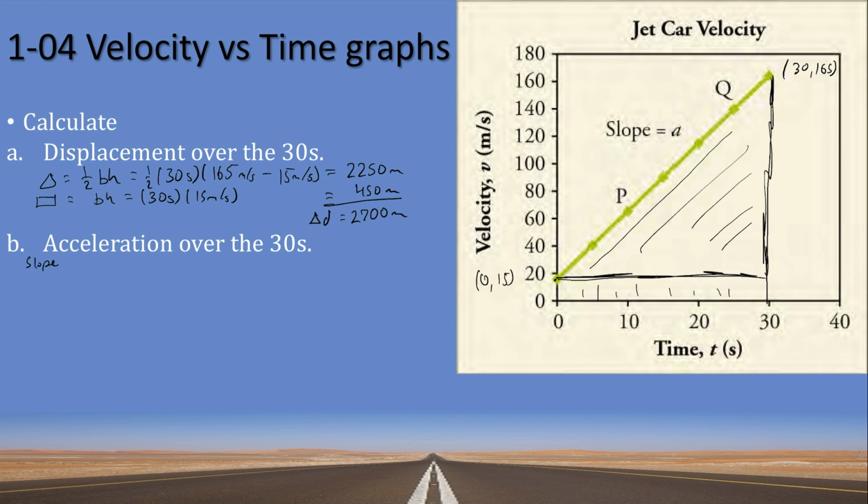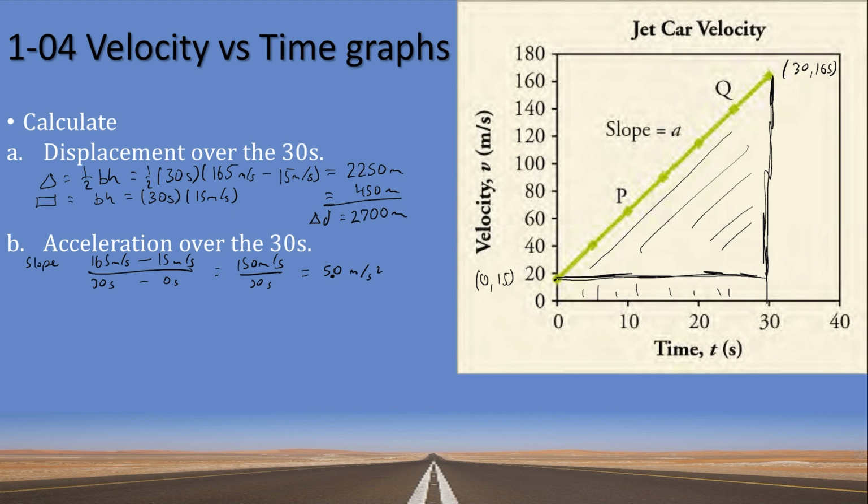That would be y2 minus y1 over x2 minus x1, or 150 meters per second over 30 seconds, or 50 meters per second squared. Sorry, it's not 50, it is 5.0 meters per second squared.